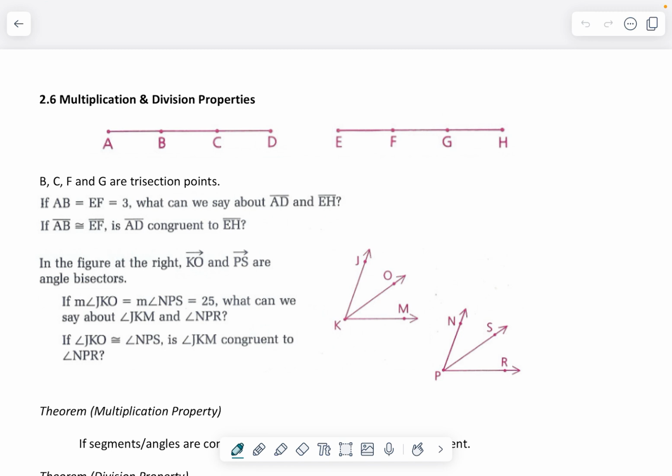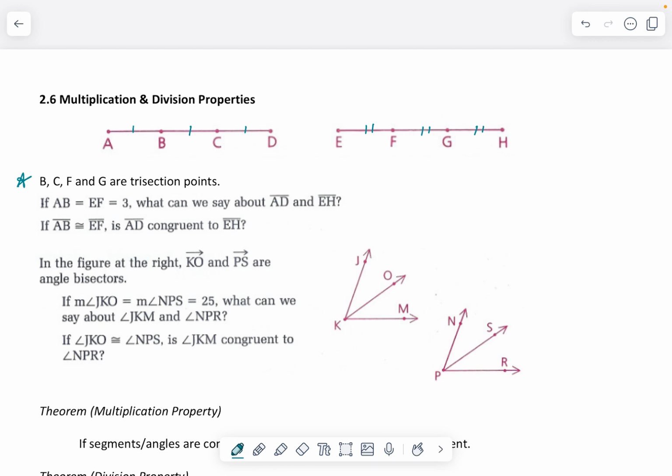For example, in our first example here, we have B, C, F, and G are trisection points. So remember, if they're trisection points, they divide this segment into 3 congruent pieces, right? We'll use 2 on this one just to make it distinct from the other one.